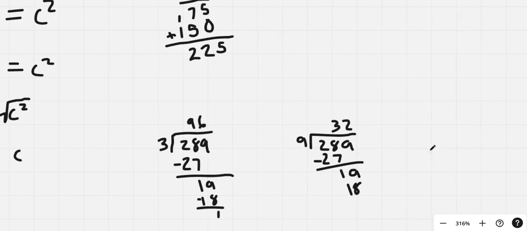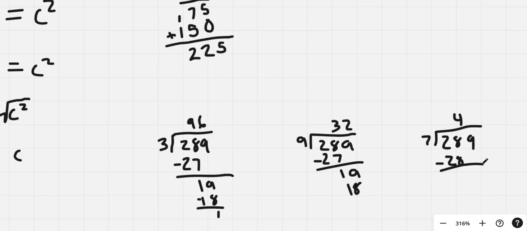Alright, let's try 7. 7 going into 289. 7 goes into 28 4 times. But 7 is not going into 9 an even amount of times.